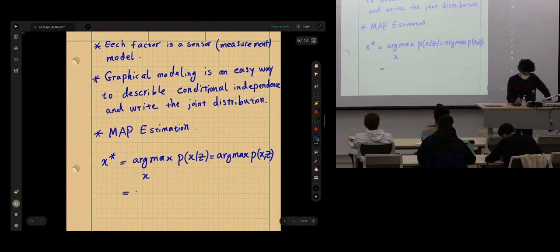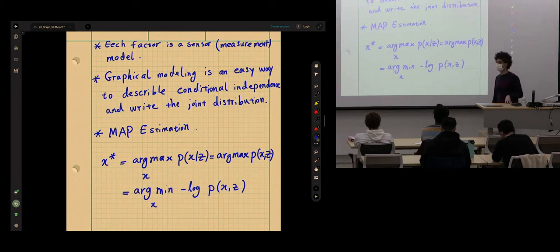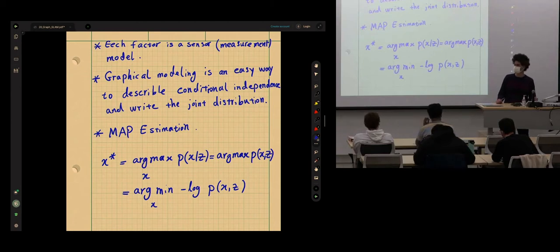And this is equal to minimizing the negative log of the joint distribution. So log is a monotonically increasing function. It will not change the solution of the optimization problem.